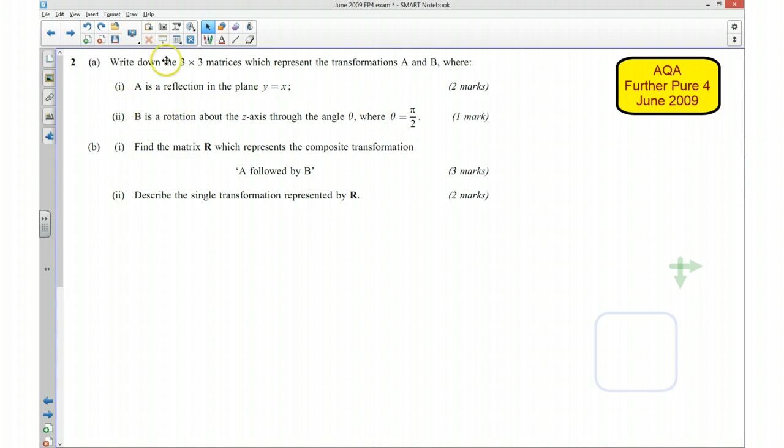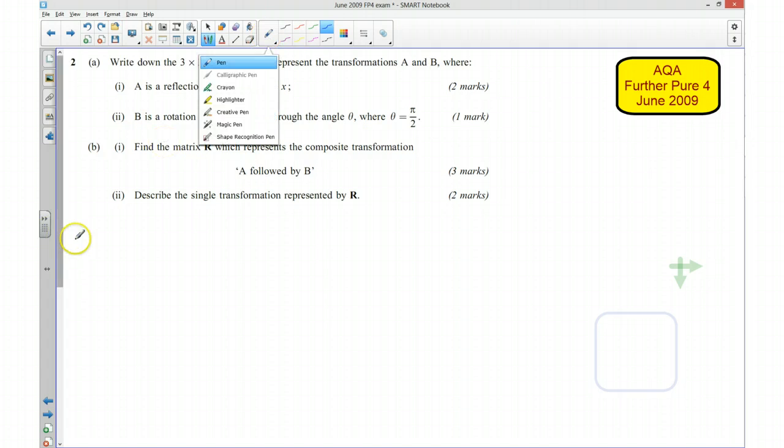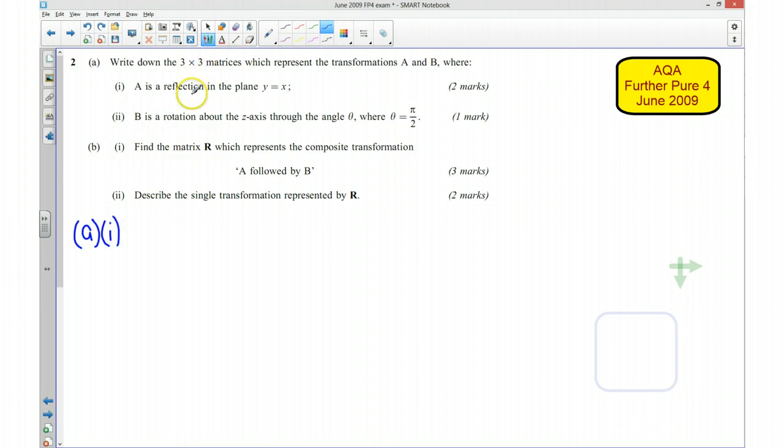Now, if we start off thinking about part A, for the first part of part A, we're trying to find a reflection in the plane y equals x.